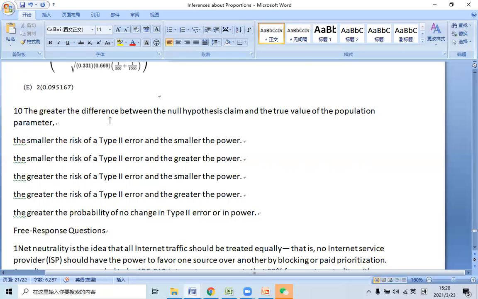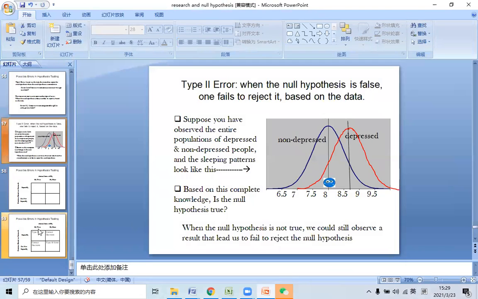When you have a big difference between the null hypothesis and the truth, the smaller the risk of a type 2 error and the smaller the power. Let's look at the null hypothesis.